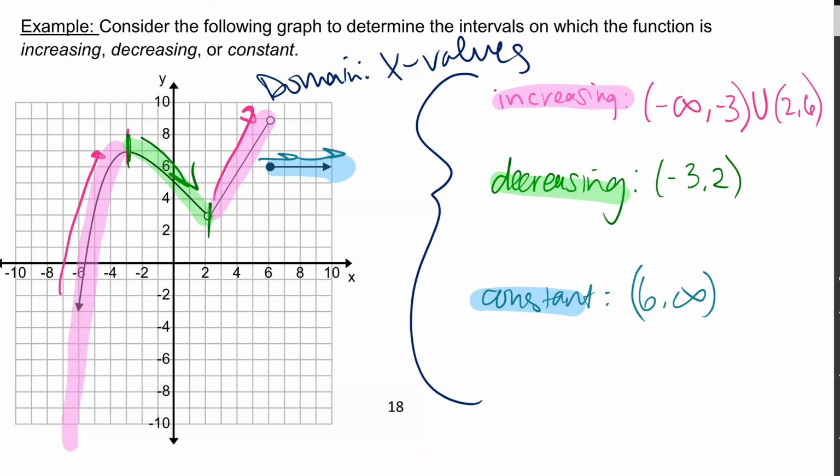You don't include the endpoints of the interval when we're saying the function is blank as x increases. The function is constant as x increases from 6 to infinity. We don't include the endpoints.